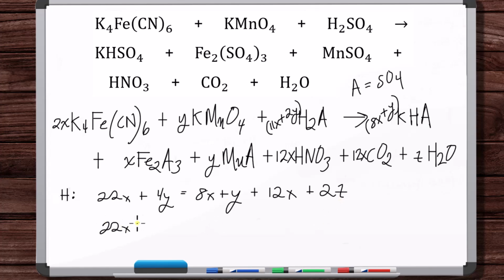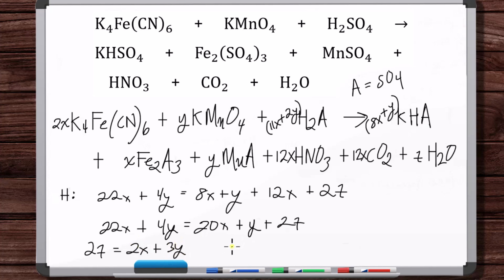So 22X plus 4Y, then 20X plus Y plus 2Z. So 2Z is equal to 2X plus 3Y. So Z is equal to X plus 3/2 Y. Okay.